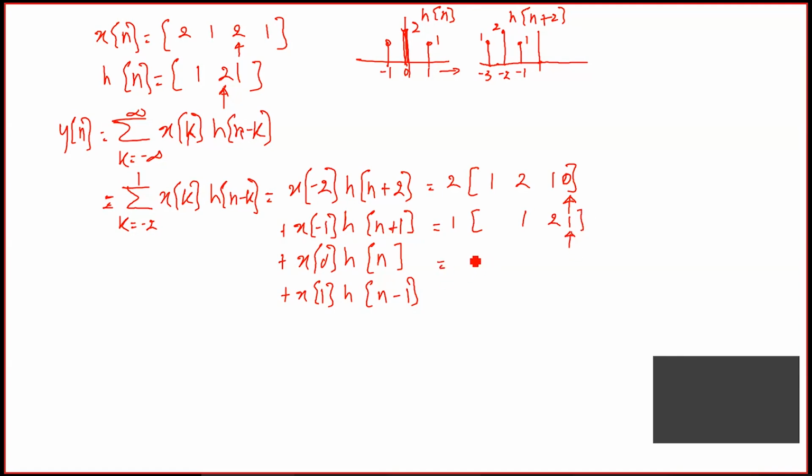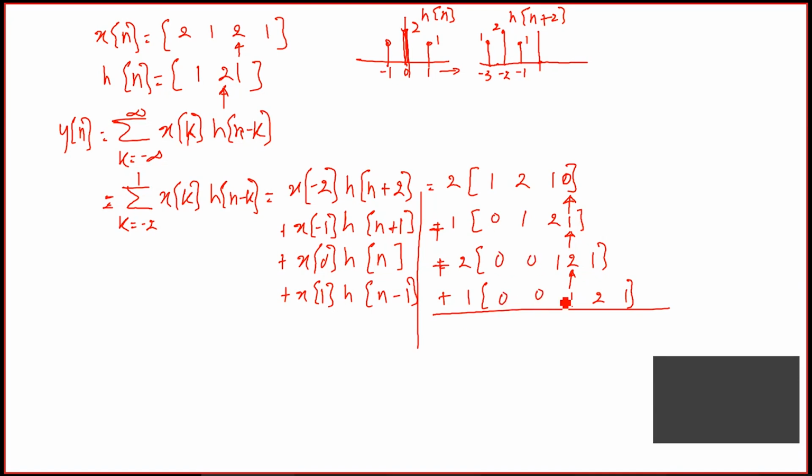This will be x of 0, which is 2 times h of n, which is the same as your 1, 2, and 1, and x of 1, which was actually 1, and this thing is shifted right, so this will make it 1, 2, and 1. The blanks, we can just fill up with zeros, so we end up getting something like this.